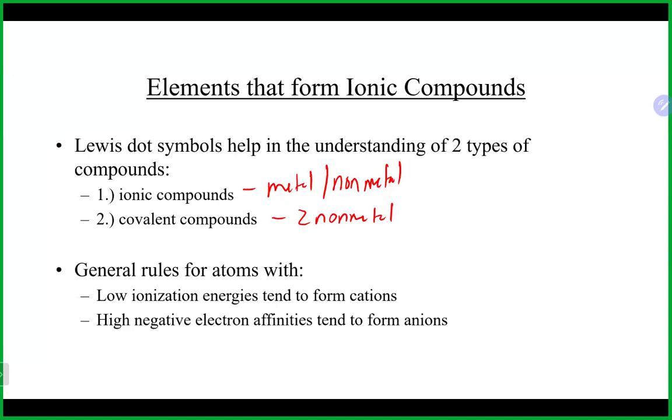The general rule is that things with low ionization energy tend to form cations. So a reminder again, ionization energy is the energy required to remove an electron. So if you have a really low ionization energy, then it's going to be super easy for you to give up an electron. And that happens when you go left and down on the periodic table. Ones with high electron affinity, again, electron affinity is the energy change that occurs when somebody gains an electron, and that increases up and to the right on the periodic table.